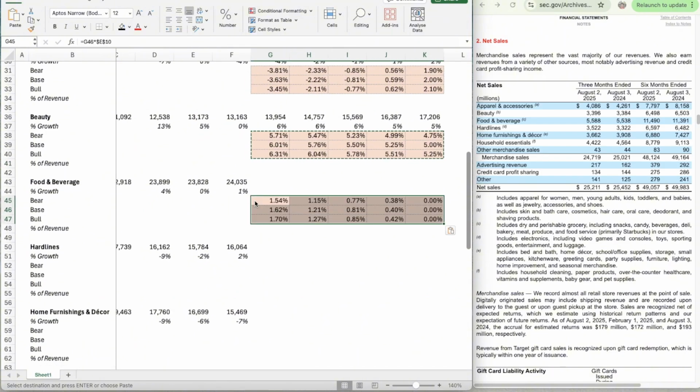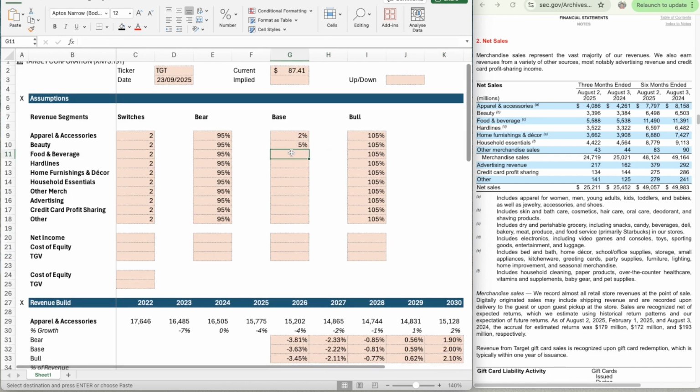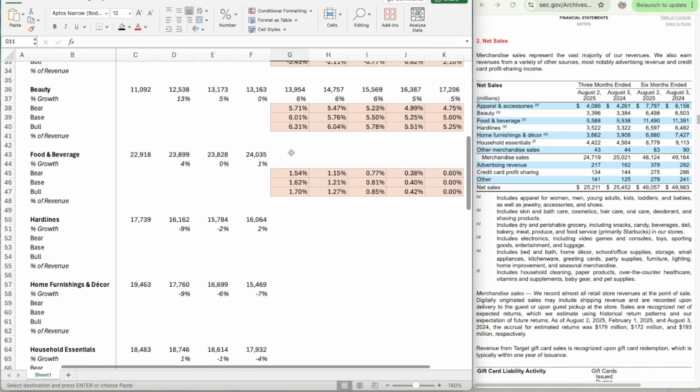Food and beverage. It doesn't look good. So K46. No. What would we say that?